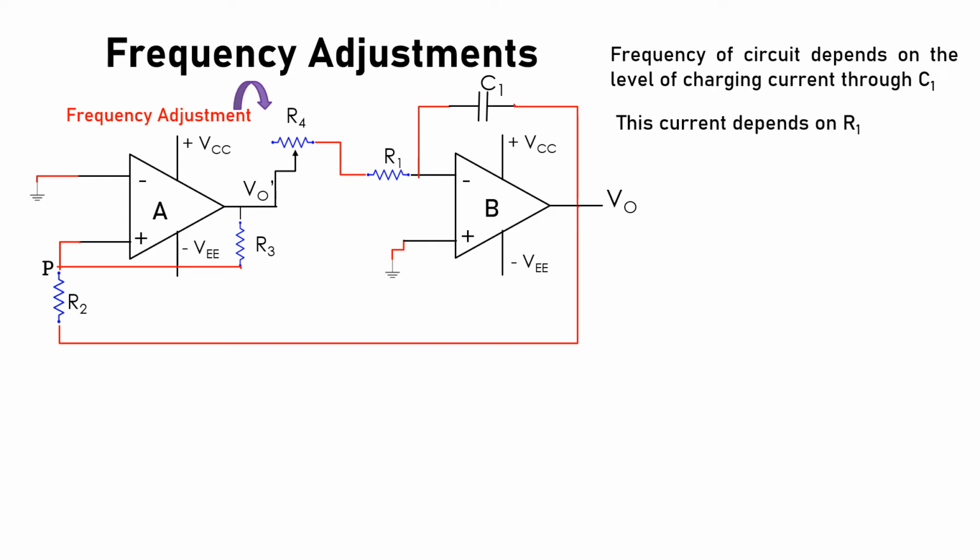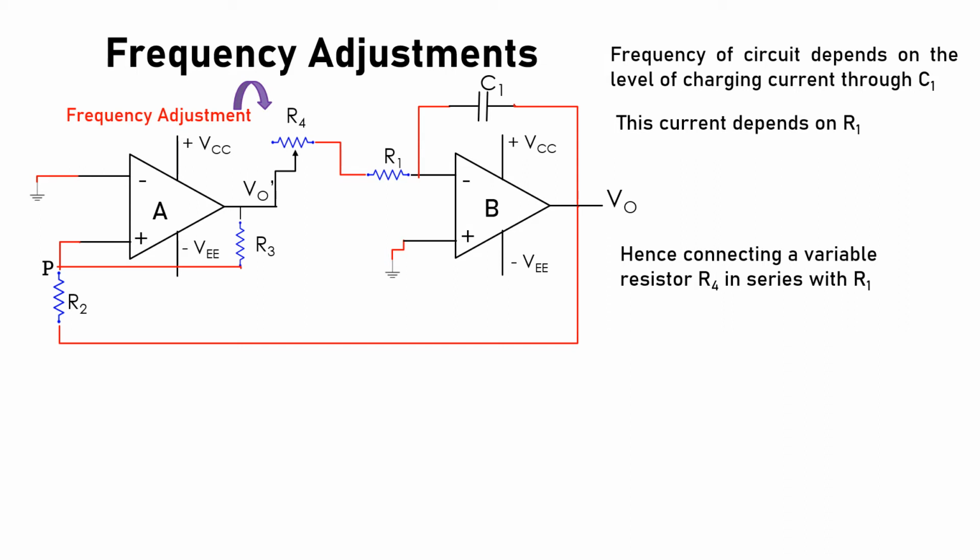If we add an additional resistance R4 in series with R1, where R4 is a variable resistor, we can control the current flowing through the capacitor C1, so that the charging time and the discharging time of C1 can be controlled.